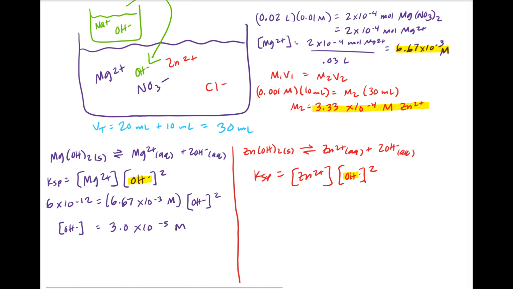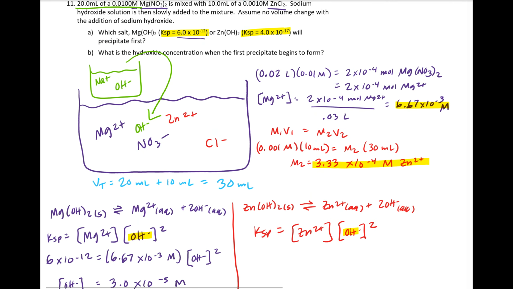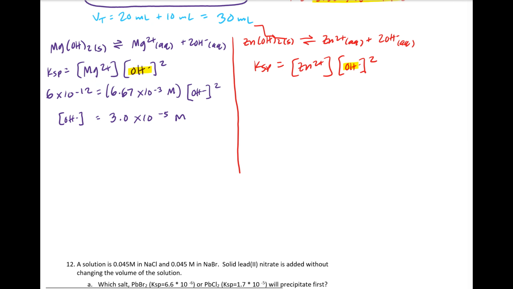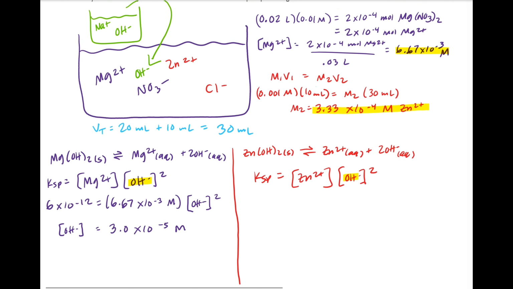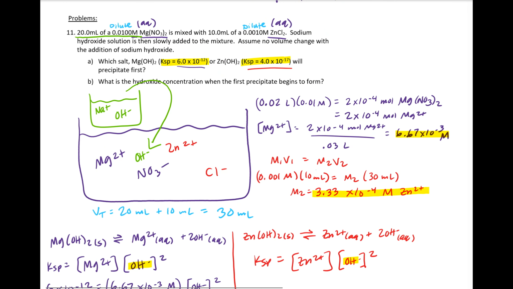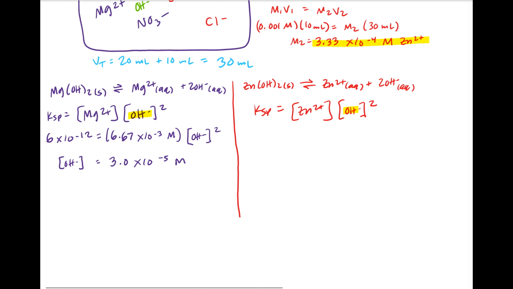So we're going to repeat this process for the zinc hydroxide. Zinc hydroxide had a KSP value of 4 times 10 to the negative 17. We just saw for the zinc concentration above, it was 3.33 times 10 to the negative 4 molar.